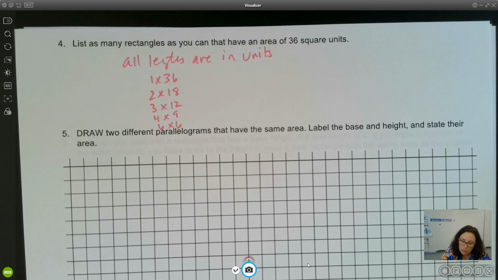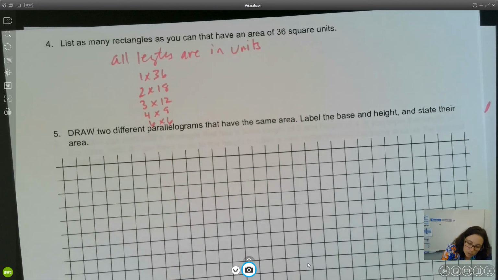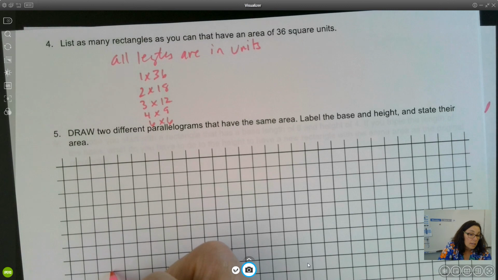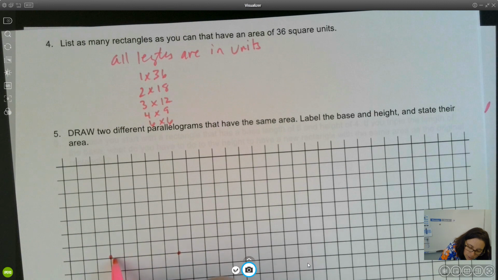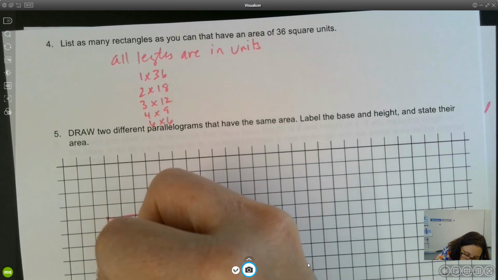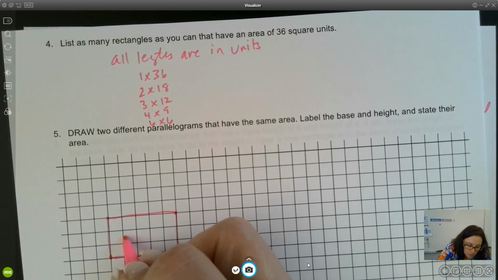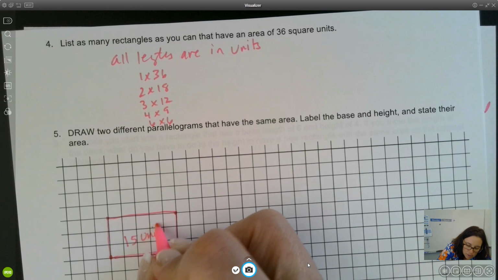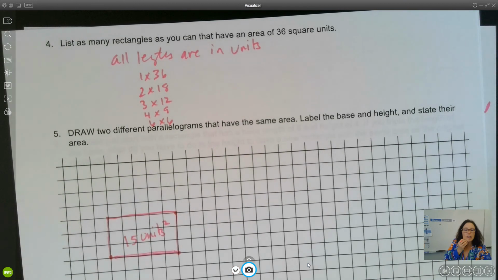Draw 2 different parallelograms that have the same area, label the base and height, and state their area. Okay, so let me do 2 different parallelograms. Isn't a rectangle a parallelogram? So I'll just start with a 5 by 3. Okay, so this has 15 units squared as an area.